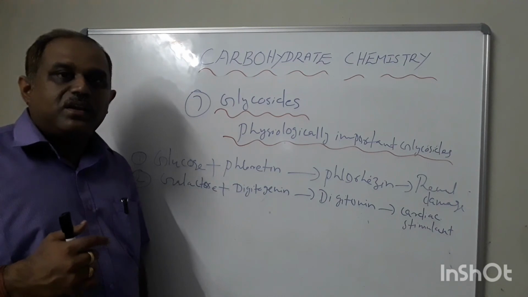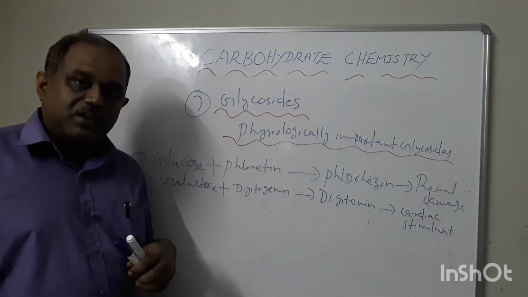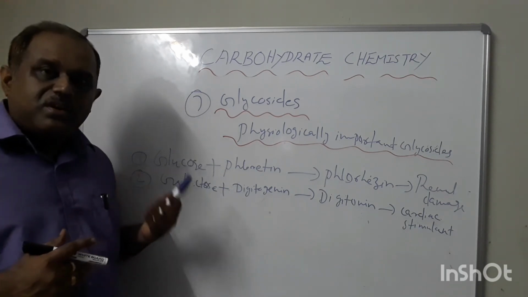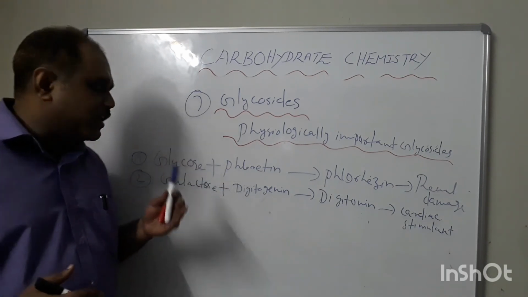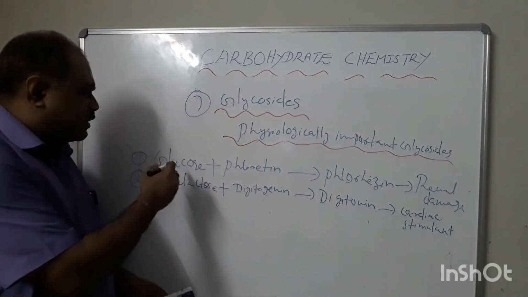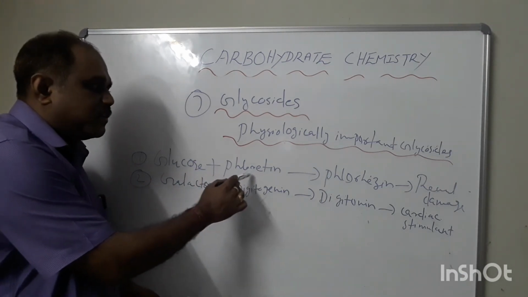Now I will give examples of physiologically important glycosides. I told you a glycosidic bond can be formed between a carbohydrate and another carbohydrate, or a carbohydrate and a non-carbohydrate. See here, glucose is a carbohydrate. This is a non-carbohydrate molecule, phloretin.